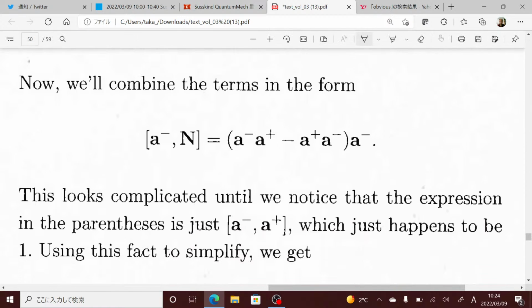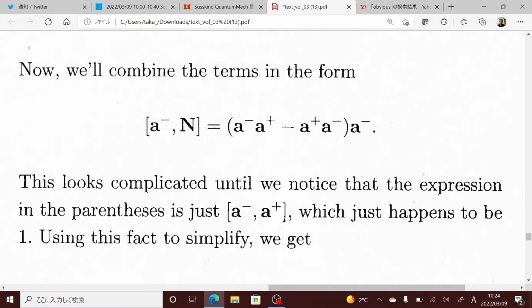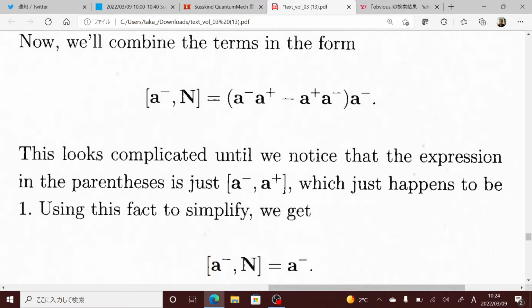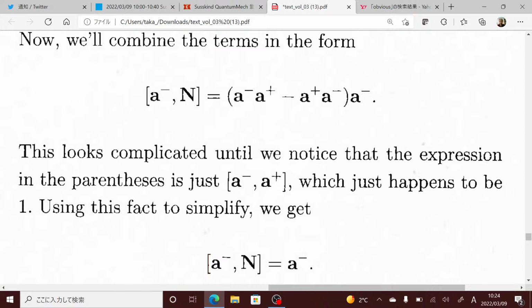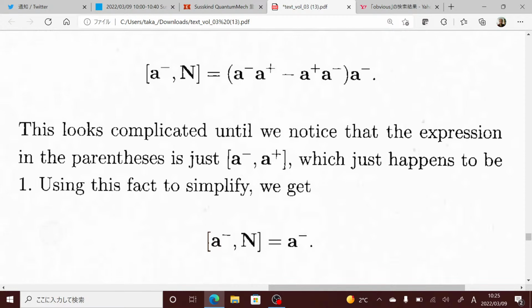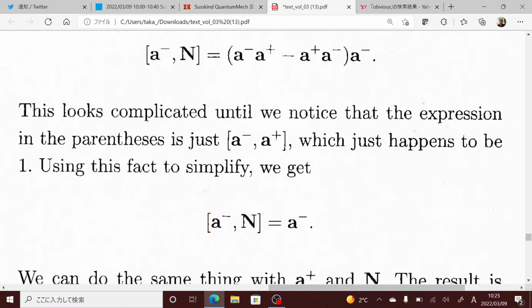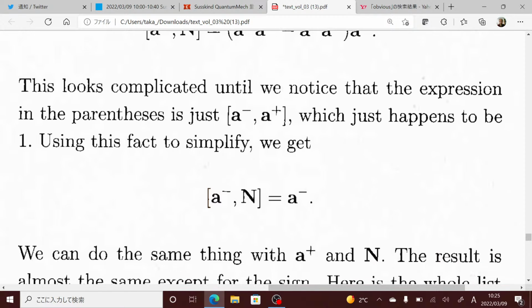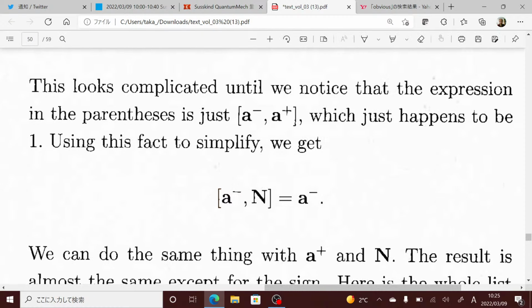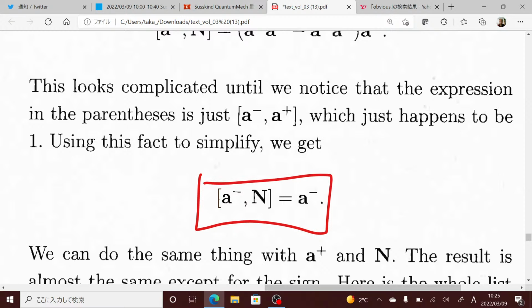This looks complicated until we notice that the expression in the parentheses is just a minus comma a plus, which just happens to be 1. Using this fact to simplify, we get a minus comma n equals a minus.